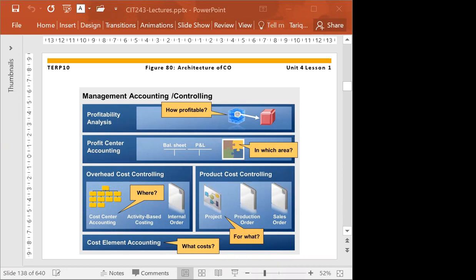Through the cost element accounting. So they are already linked. We create the link in SAP. As soon as you make the transaction there, it passes directly to managerial accounting and to the proper cost center, internal order, or activity-based costing. So this is the link between financial accounting and managerial accounting.